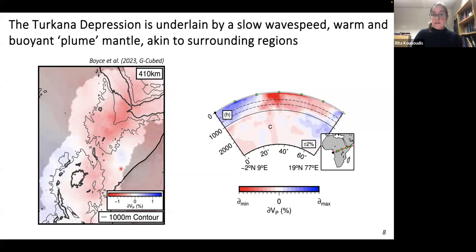So the depression is definitely underlain by warm, buoyant material that's likely related to the African superplume. So not very different to where the flood-basaltic province localized further north. And in fact, there actually seems to be a faint plume tail right below the Turkana Depression. So that's quite a new sort of finding from these models.